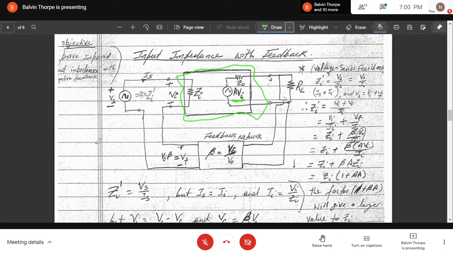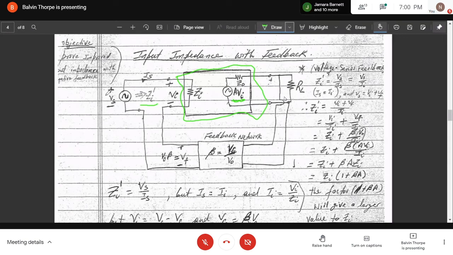What we want to find is the overall input impedance of this network. That's the whole objective: to find ZI prime. Mathematically, we can prove that.